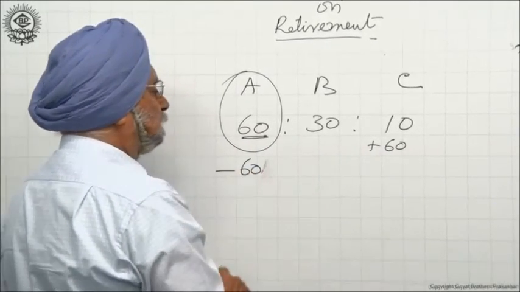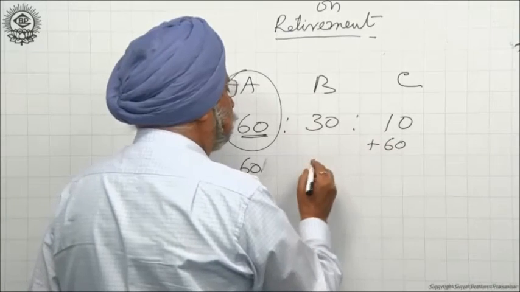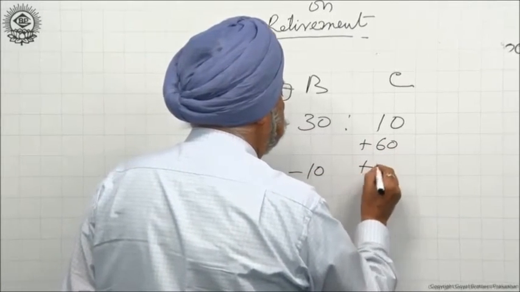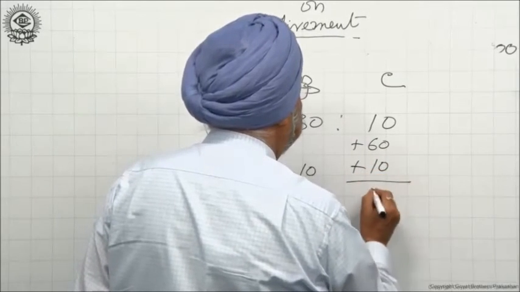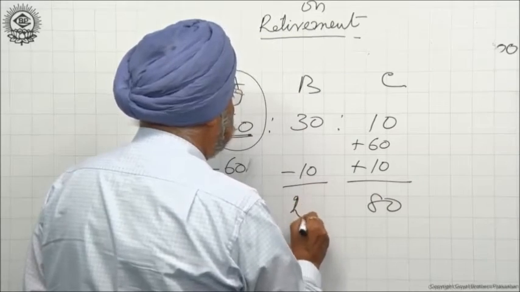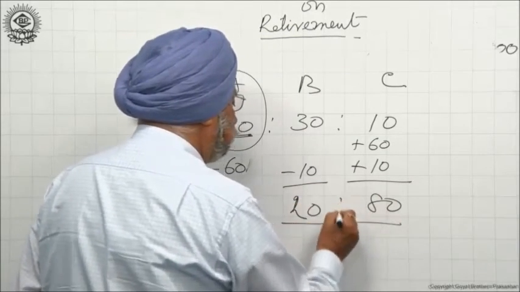And B also gives 10 paisas to C, so B also suffers 10 paisas. So now C's share is 80 paisas and B's share is 20 paisas. So this may be the new ratio.